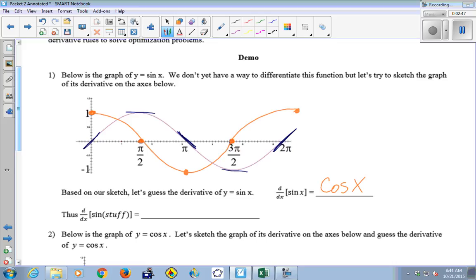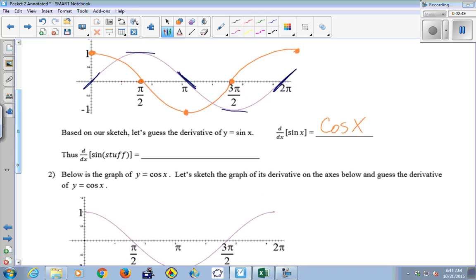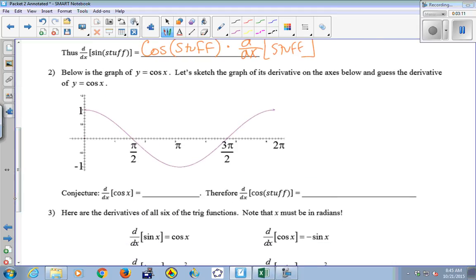So then if I were to use the chain rule, right? If I want to take the derivative of the sine of some stuff, that would be the cosine of some stuff times the derivative of the stuff. Okay. And then we'll do a similar argument to try to find the derivative of the cosine function.